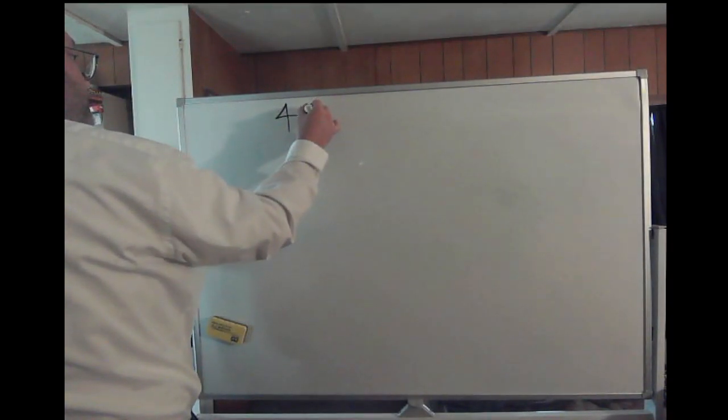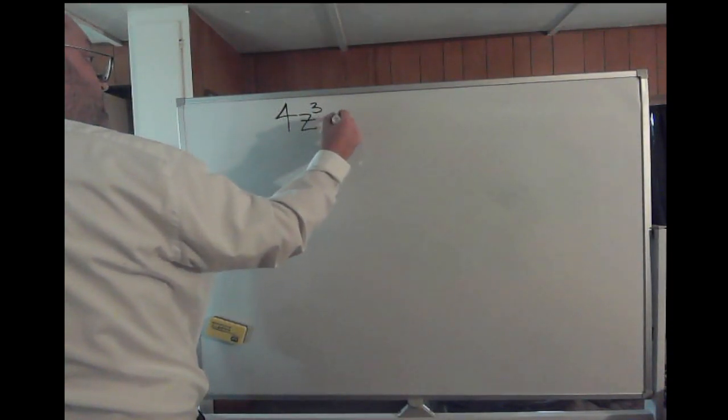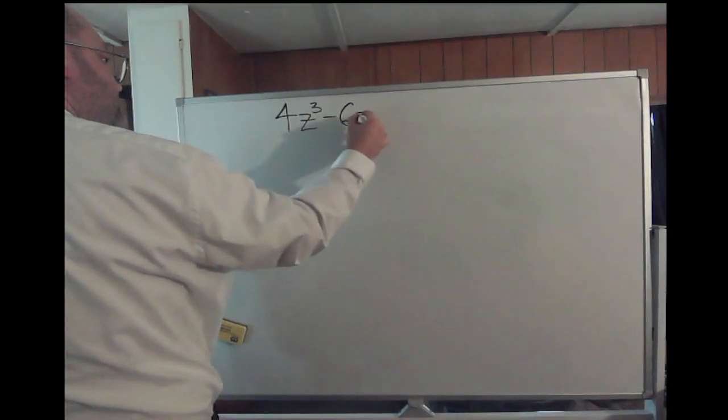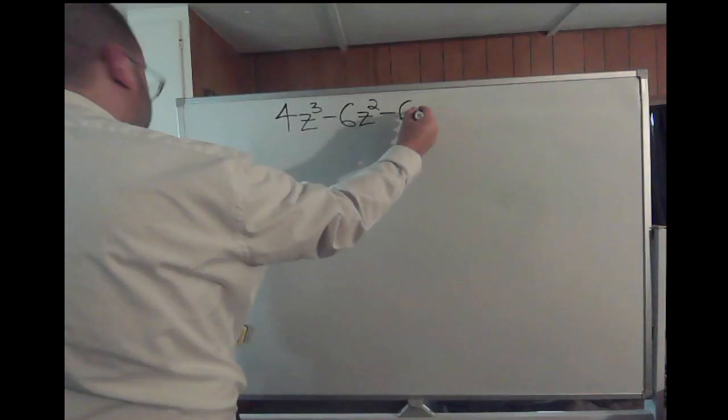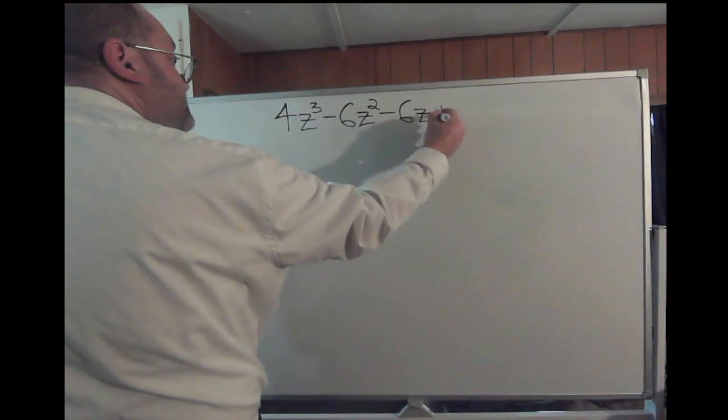Alright, let's see. 4z to the third minus 6z to the second minus 6z plus 9.